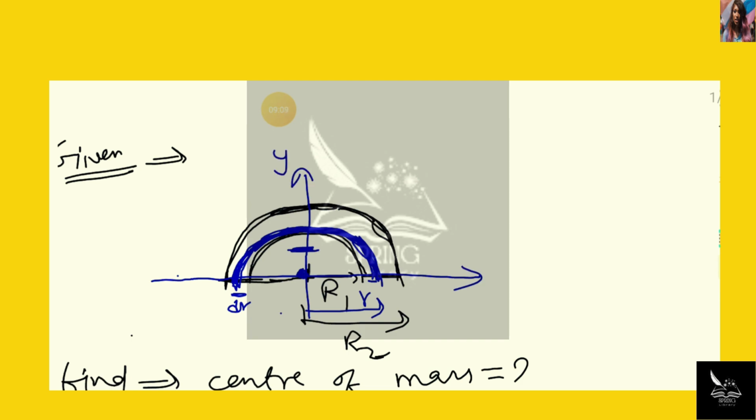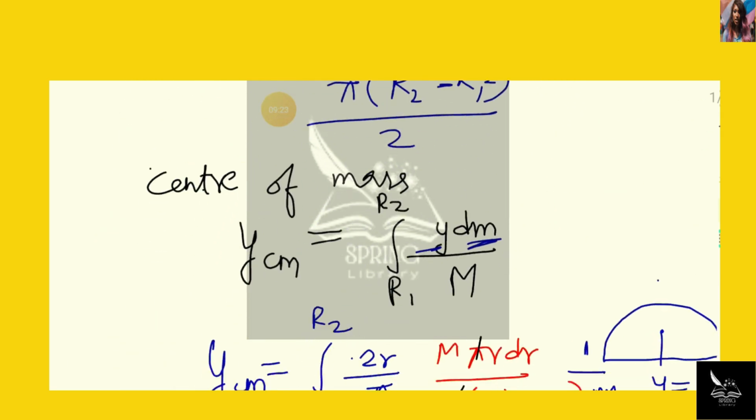So only ycm needs to be found; xcm is automatically 0. So this is the answer of the given question.